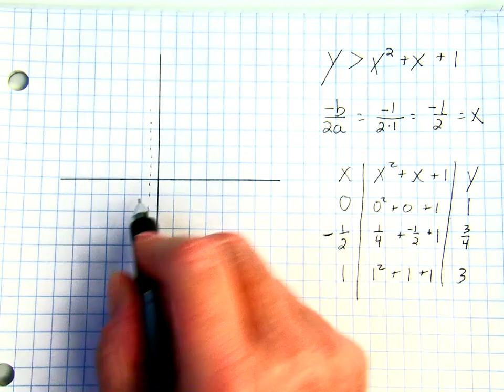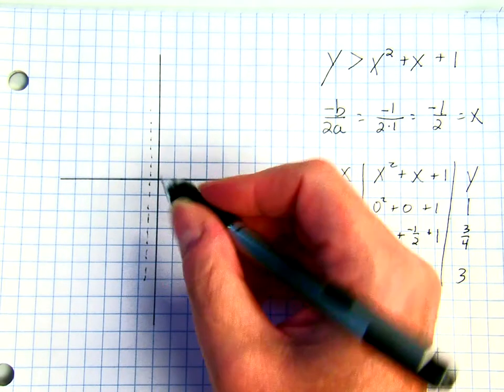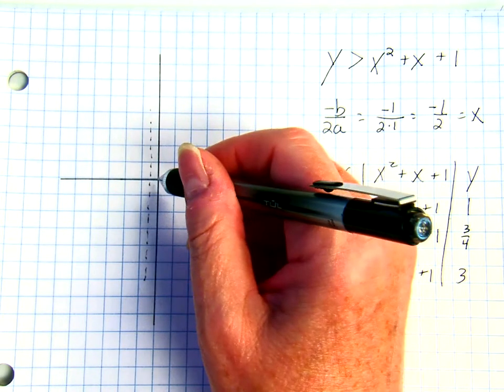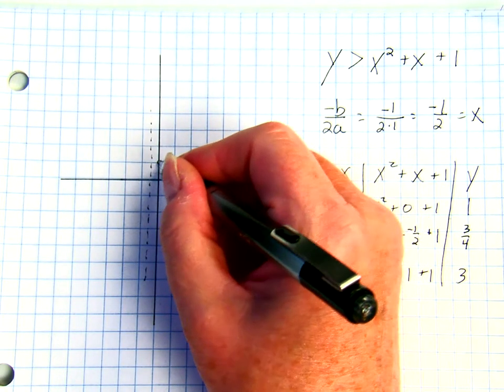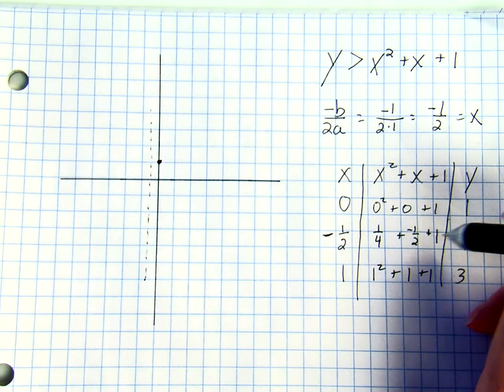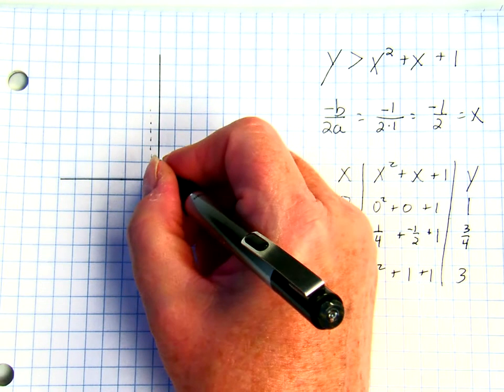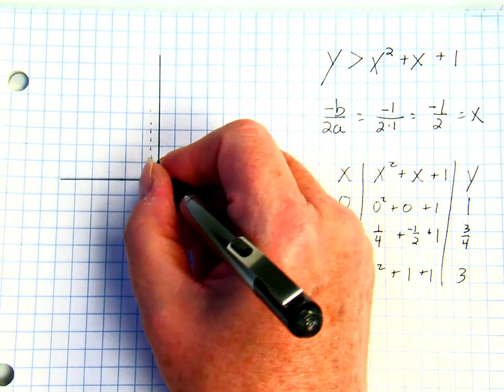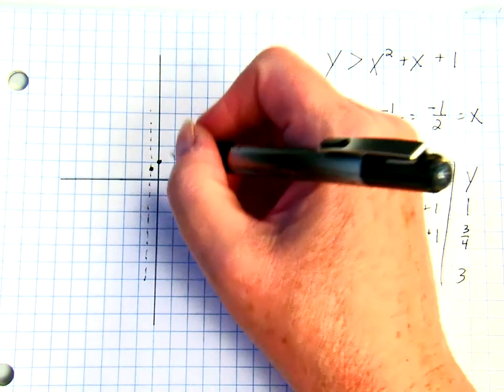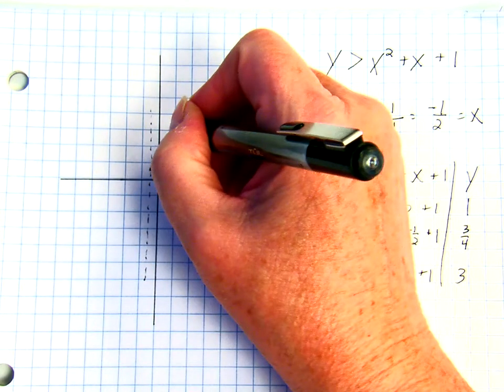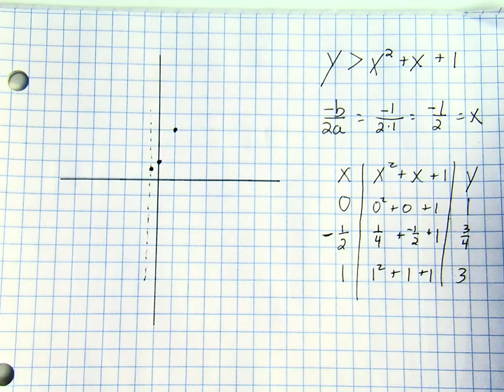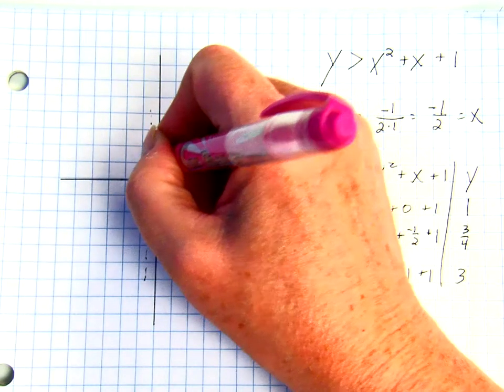At x equals 0, y is 1, so I would be here. At negative 1/2, I'm at 3/4, so I'm about here. And at 1 and 3, 1, 2, 3, I'm here. Let me do this in my pink.